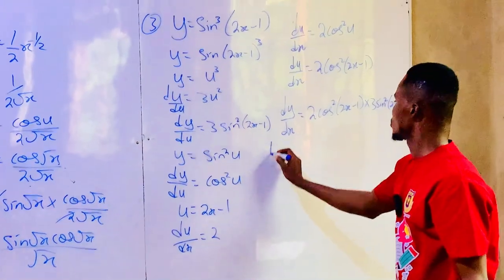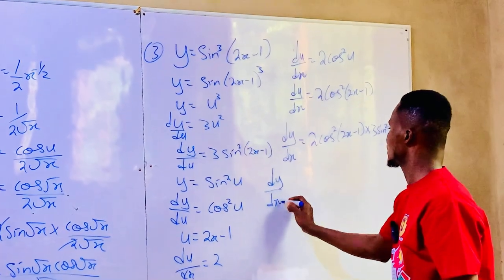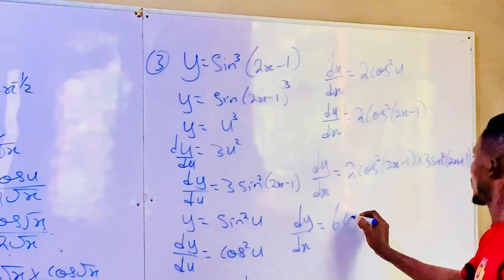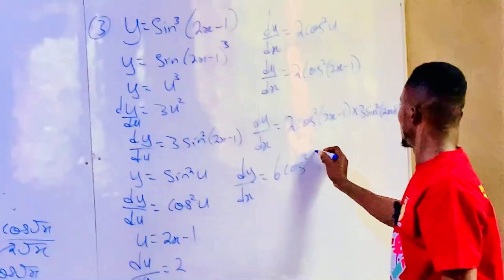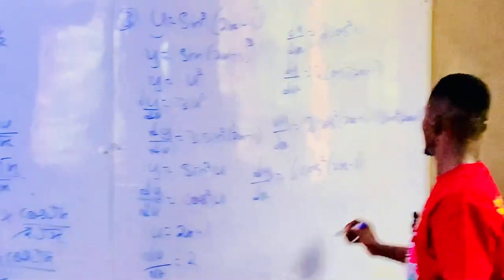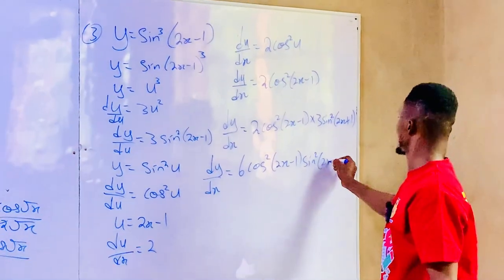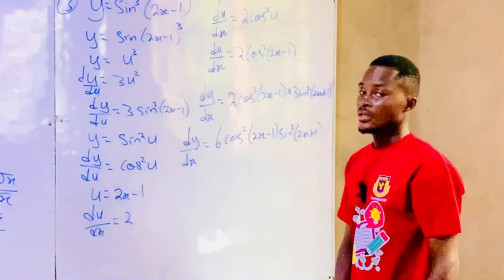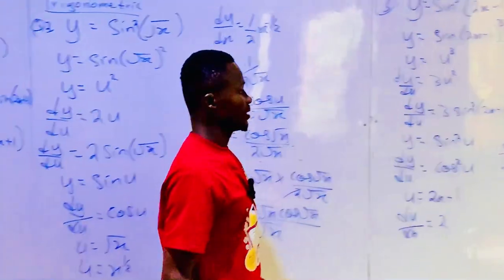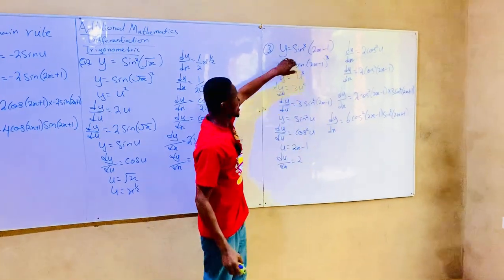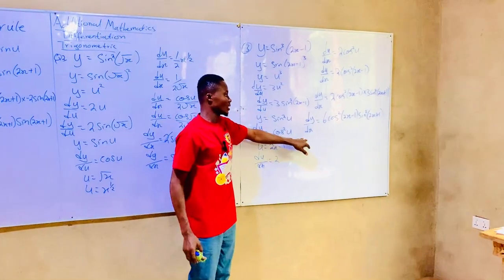So our final answer is going to be dy over dx equal to 6 cos squared into bracket 2x minus 1 sine squared 2x plus 1. Now, this is our final solution to this particular question.